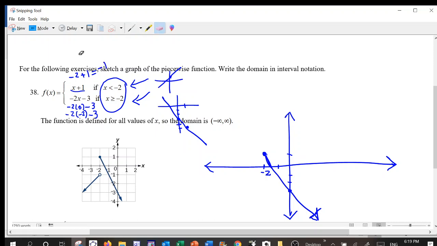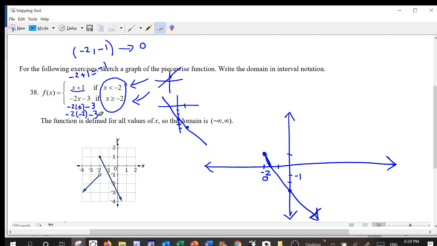What I'm going to do is graph -2, -1 as a hole. So I go to -2, -1, and I'm going to put a hole there. See this -1, right? That's the point. But I don't put a filled-in point because I know when x is -2, I'm supposed to use that one.